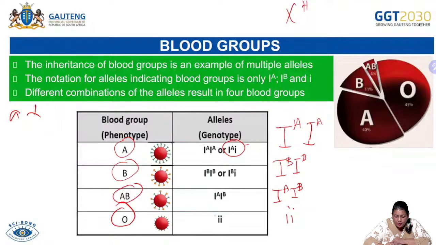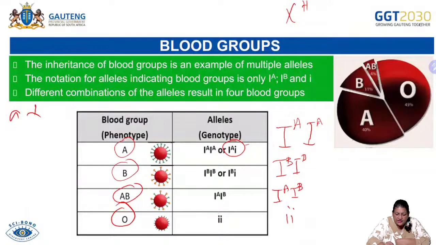And blood group O can also donate blood to a person who's blood group B. Can you see that? Because if he donates blood to blood group B, the person's phenotype is still blood group B. But O cannot donate blood to a person with blood group AB. AB must only get blood from blood group AB, not from A and not from B only, because then the blood is going to stick.